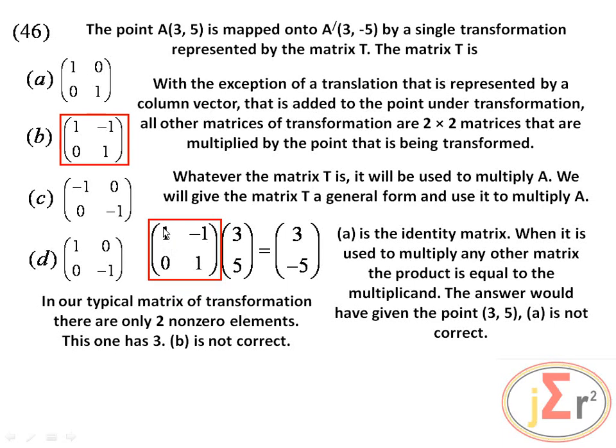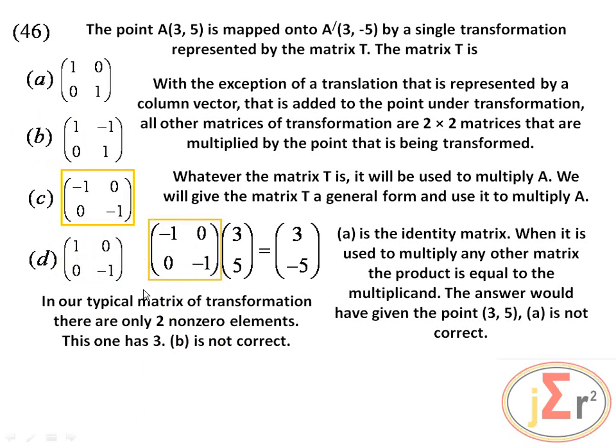So we have this one and this one probably, or we may have the subordinate diagonal. But to have 3 non-zero elements in a typical matrix of transformation, this one cannot be correct. So we are sure that this one is not right. We need to have only 2 non-zero elements.